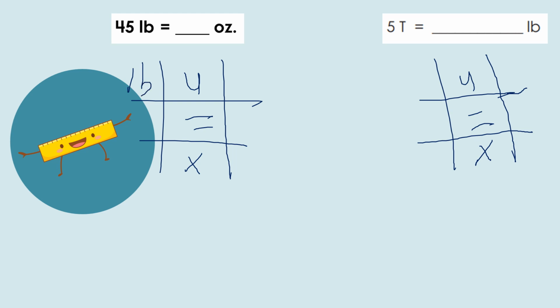Pounds is bigger. I know my chart says 1 pound equals 16 ounces. What does my question say about pounds? It says 45. And what does it say about ounces? It doesn't say anything, so I'm going to use my 16 that I already have.